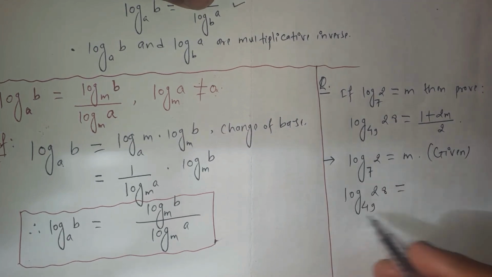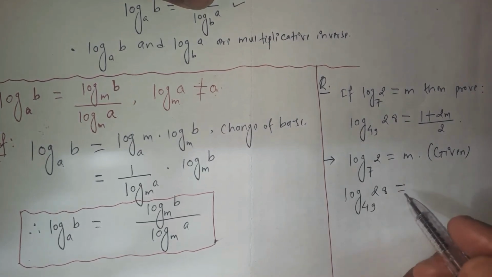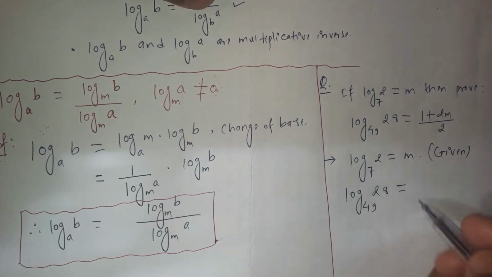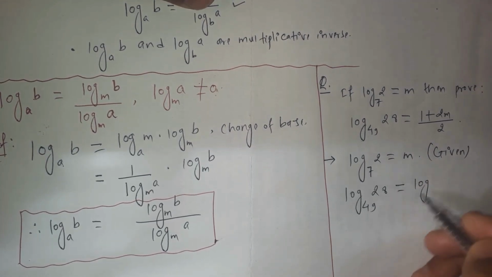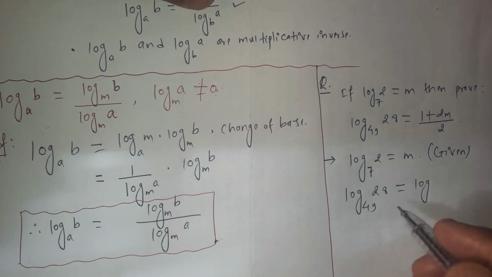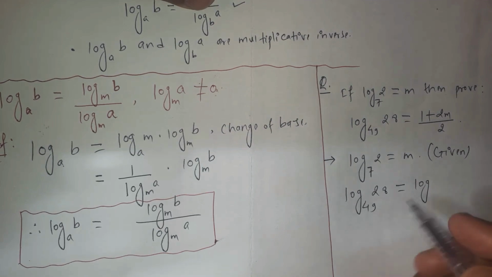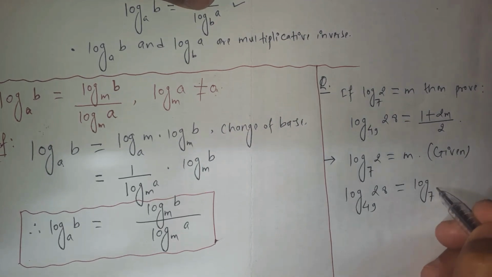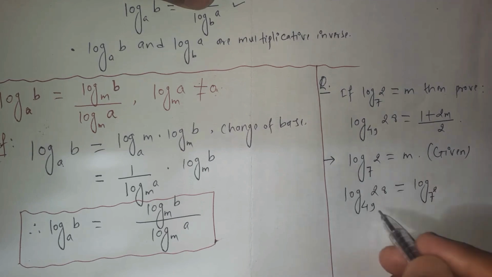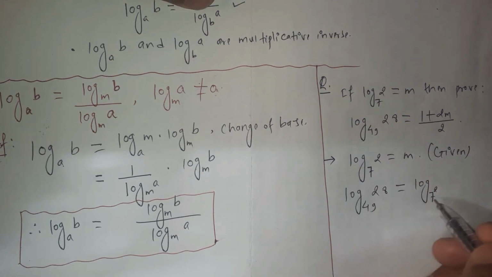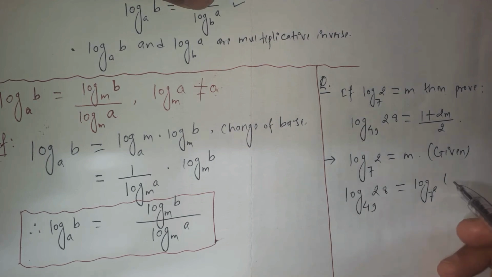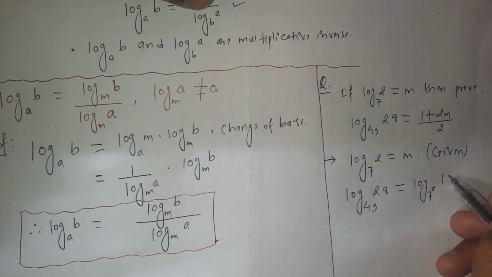Let's change this logarithm in terms of m. The number 49 can be written as 7 square; here we just write 49 as 7 square, and the number 28 can be written as 4 times 7.